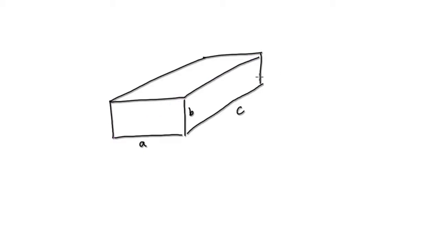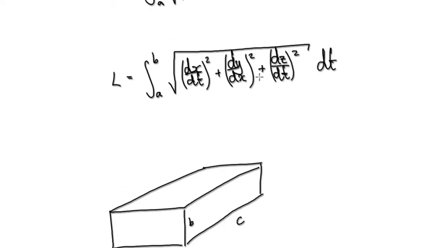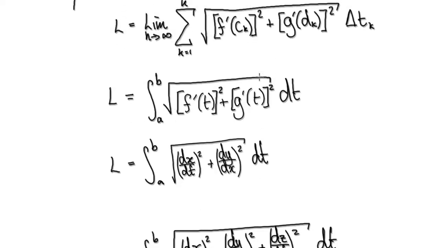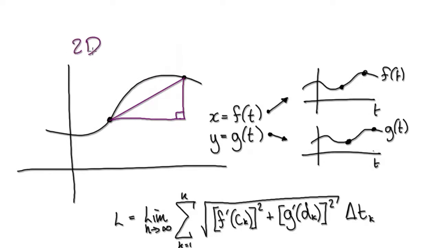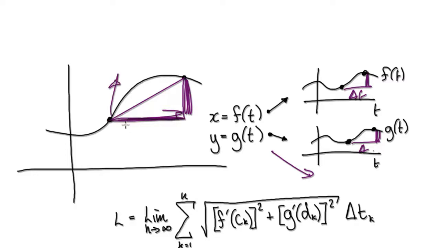So if you go back and have a look at this, remember this is in 2D. In 2D, for a small change in time, delta t, you would have traveled by this amount, and by this amount, which is this height here. And then if you extend it to 3D, you have another dimension, but the total distance will be using Pythagoras on all three dimensions.